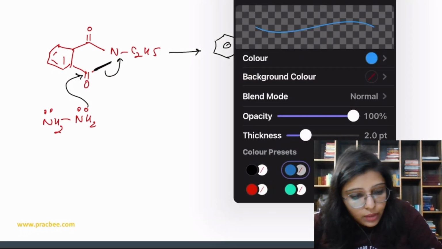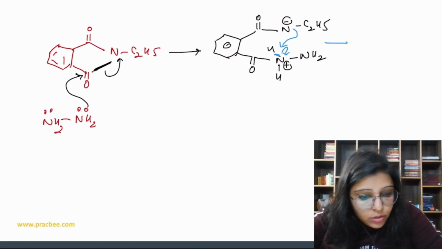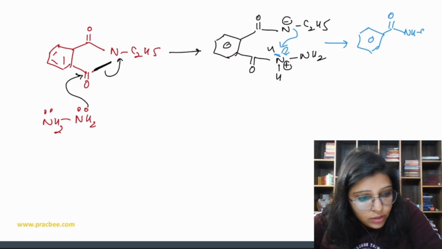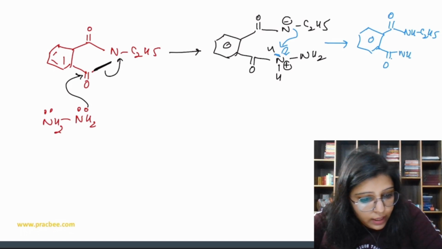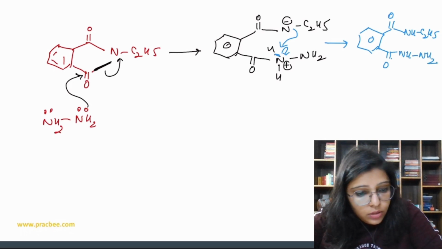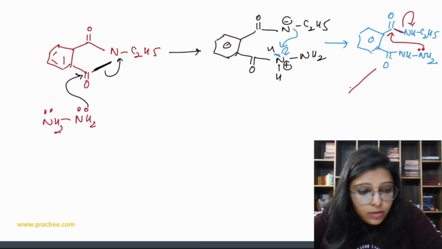Now N minus takes this H plus, and the electrons of this bond shift to nitrogen. So we will have the NH C2H5 double bond, NH NH2. Fine. Now this NH2 attacks this carbonyl carbon, and the electrons of this bond shift over here.